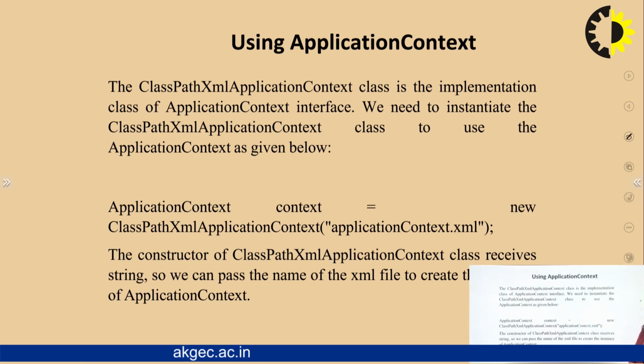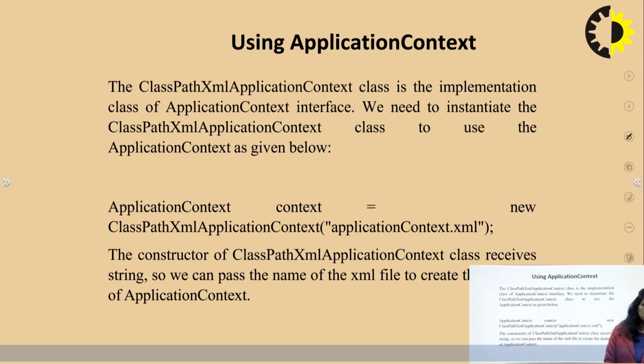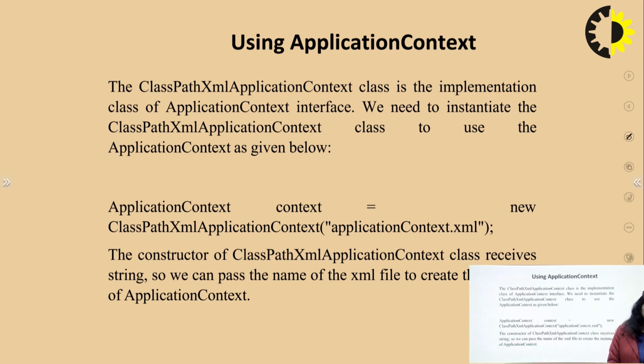And through application context, the ClassPathXmlApplicationContext class is the implementation class of the application context interface. So we need to instantiate the ClassPathXmlApplicationContext class to use the application context as given below. The application context equals new ClassPathXmlApplicationContext, and its constructor receives a string.